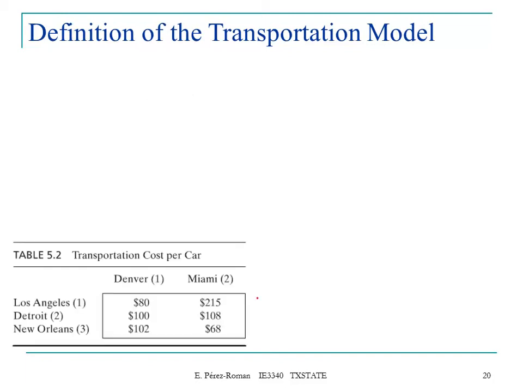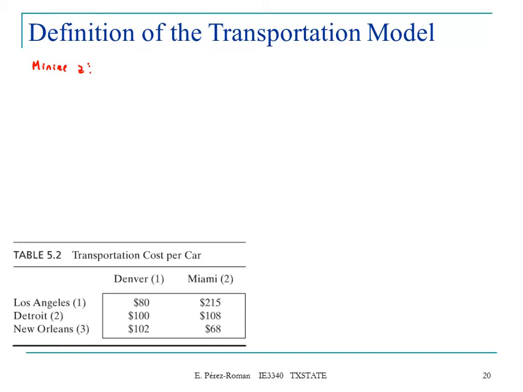Okay, so let's work with the formulation really quick. We're going to use the same concepts we used for the first example. So we're going to use the cost to formulate our objective function.